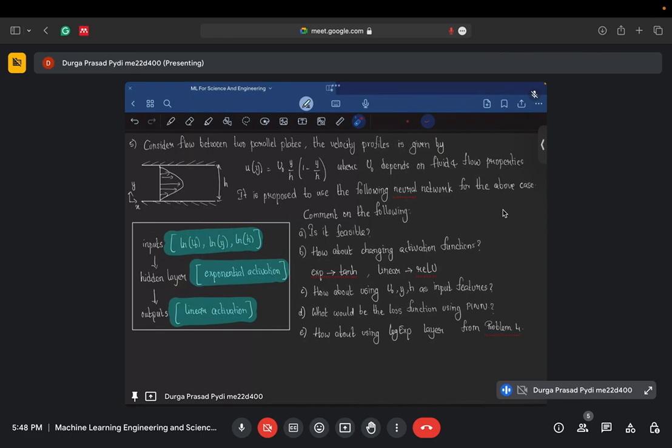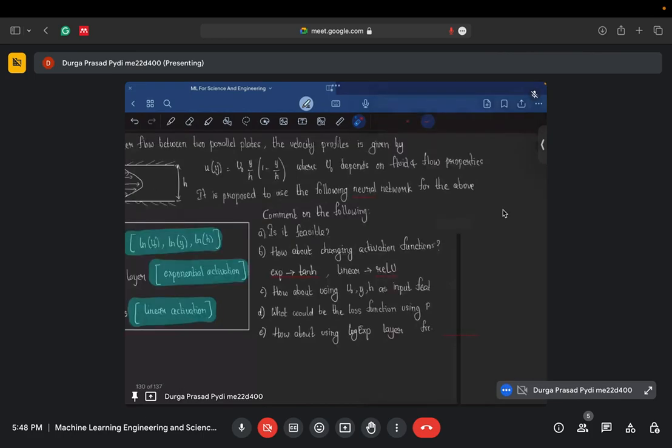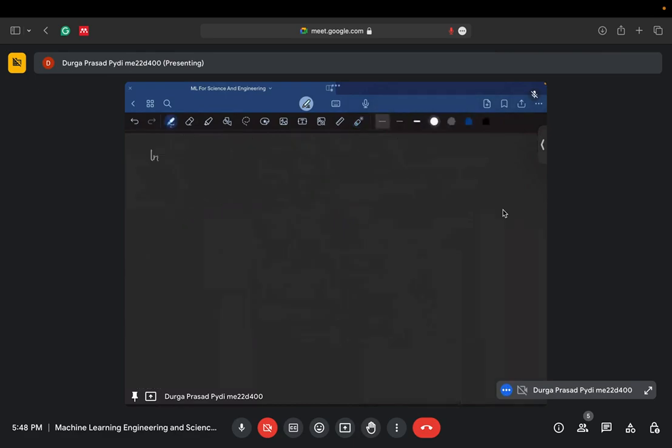So how does this look? What I am saying is, now you have ln U naught, ln y, and ln h as my input. And when I do a linear combination of this, let's say I get something like this, this is feasible.